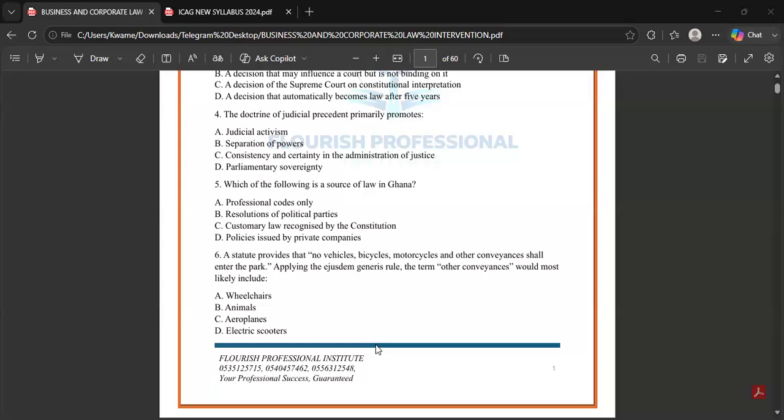B. Okay. Any other opinions? Sir, I would have gone for D, electric scooters. You'd have gone for D. Yes, please. Okay. Mr. Stephen, so why animals?